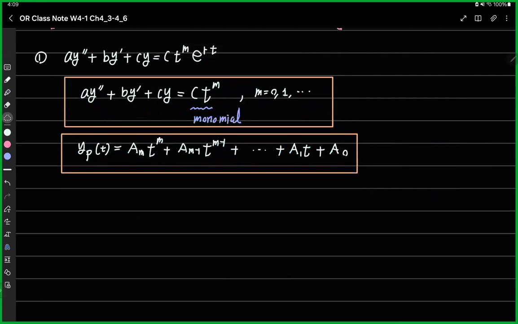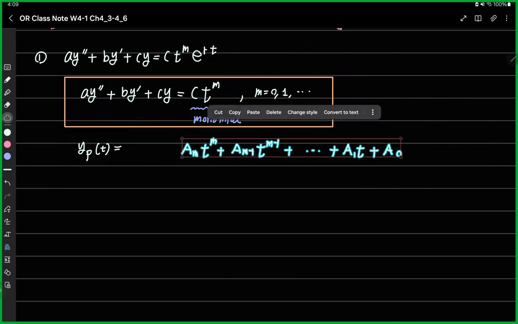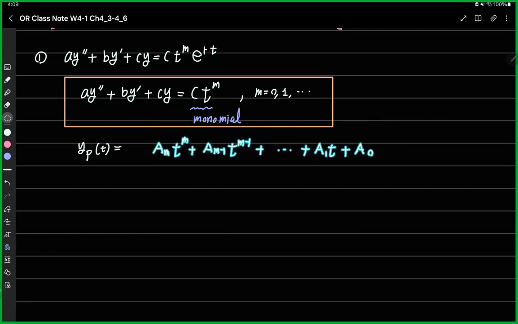Here's one more thing. What if this one is a solution to the homogeneous differential equation? So we need to consider that case. In that case, we need to avoid the case that yp turns out to be a solution to the homogeneous equation.